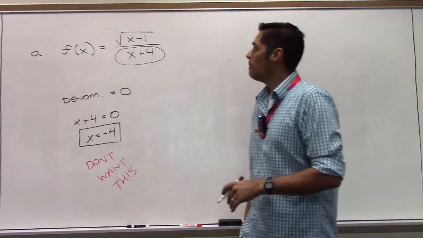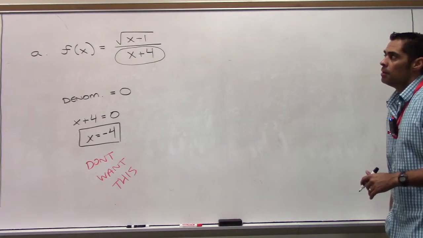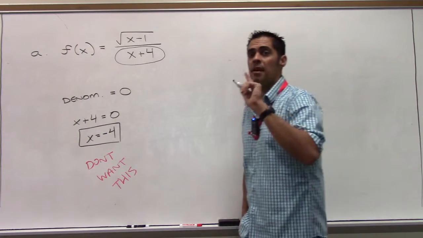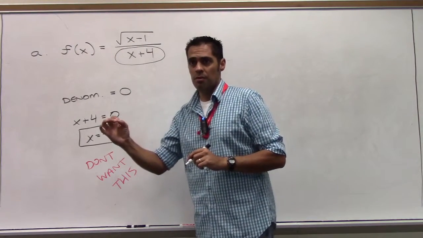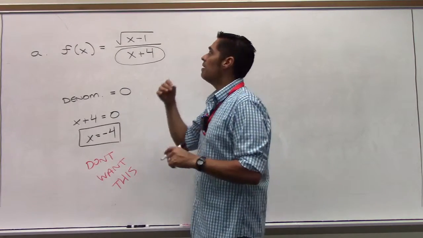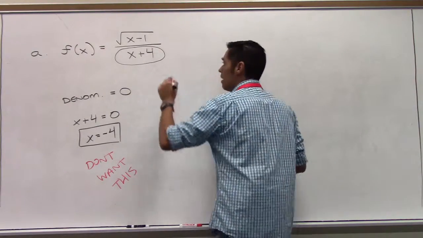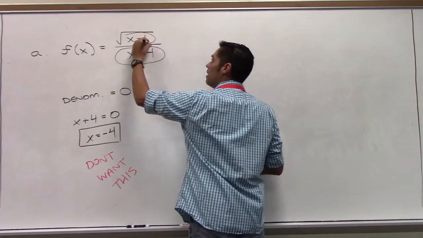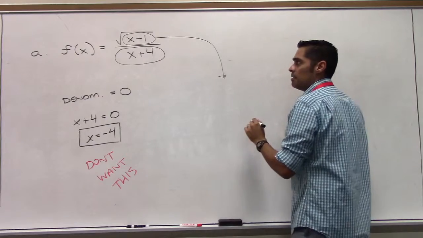Yes? If you were to plug 0 into the square root, it would be -1. That's correct. But listen to what I'm saying. We need what's underneath the root to be greater than or equal to 0. I'm not saying we need x to be greater than or equal to 0. When I say we want everything under here, we need this thing to be greater than or equal to 0.